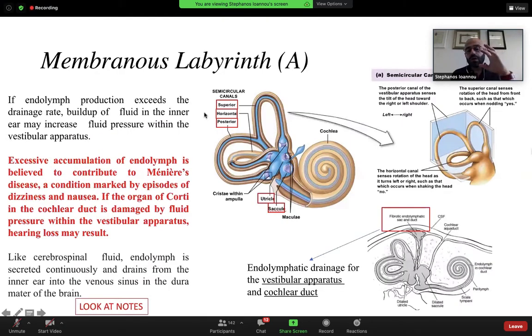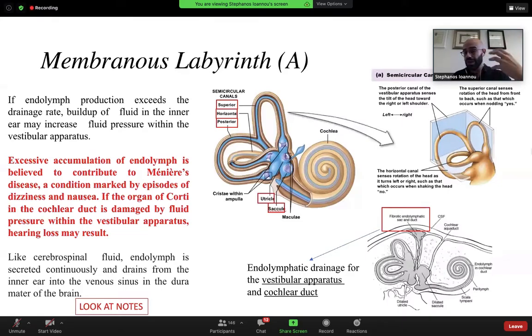So one major similarity with the cochlear duct of the vestibular apparatus is the fact that both of them communicate and are also bathed in endolymph. Thus, as you can imagine, in order for them to transmit their information to the vestibulocochlear nerve, they use potassium channel pumps for the activation of the action potentials.